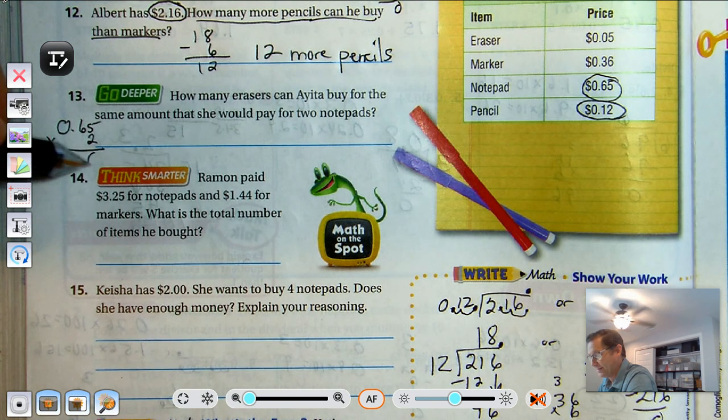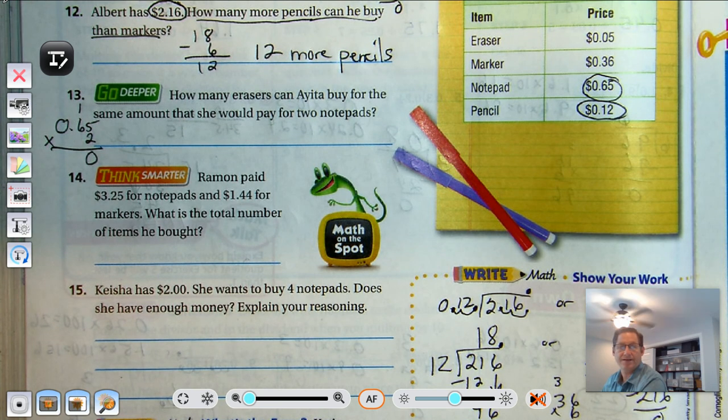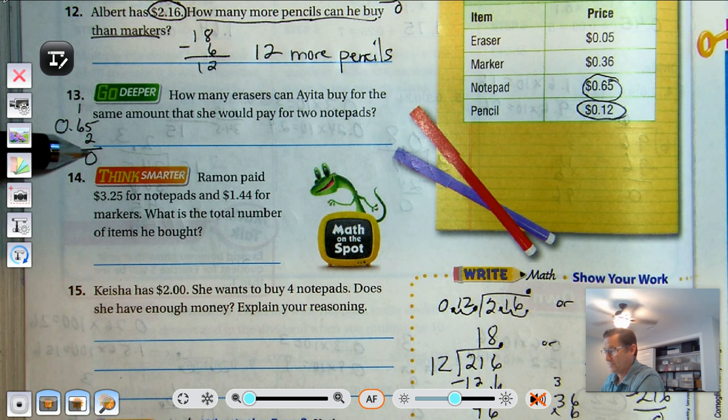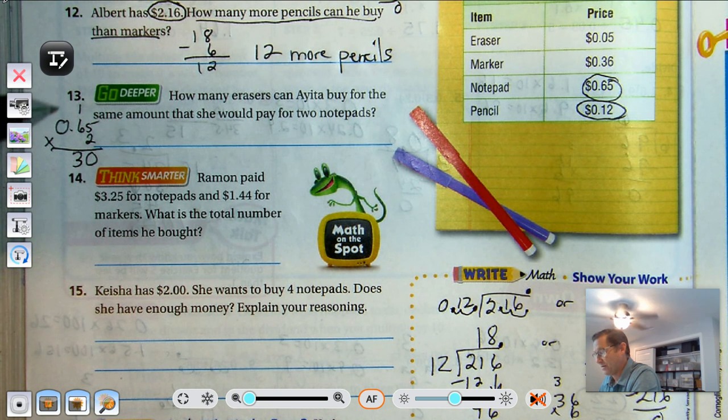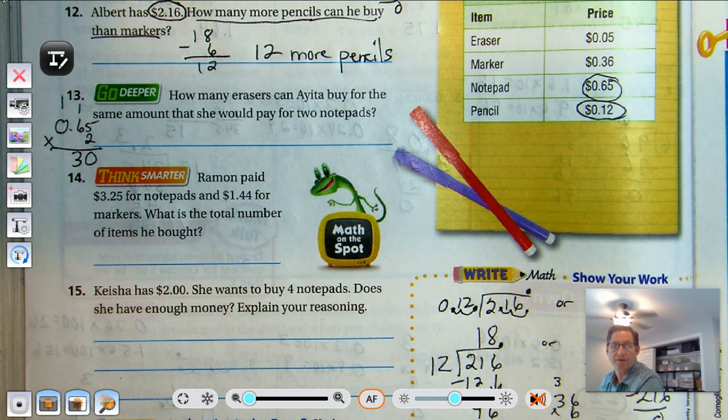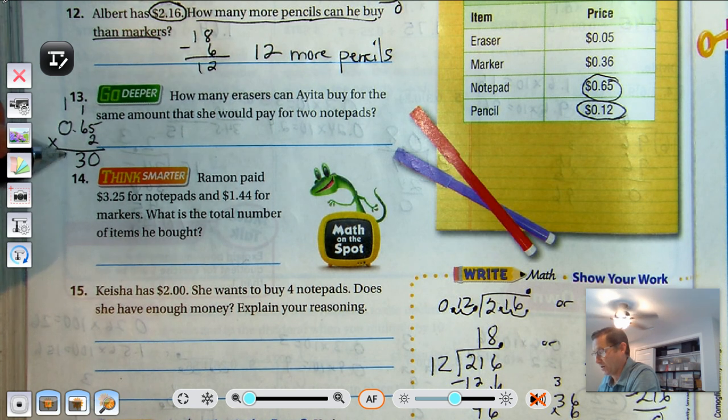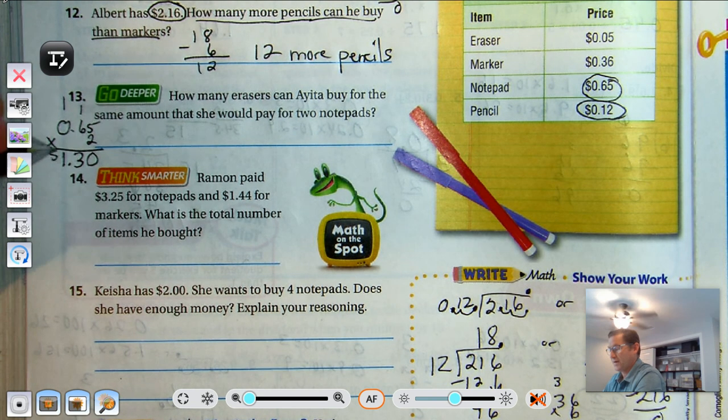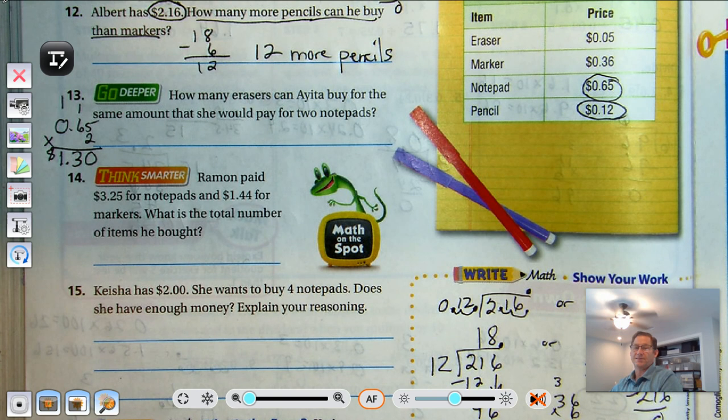So that would be 5 times 2 is 10. Regroup that as 1 dime and 0 pennies. 2 times 6 is 12, plus the regroup 10, 13 dimes, which we can regroup as $1.30. 2 times no dollars is 0, plus the 1 regroup dollar. So she spent $1.30 on 2 notebooks.